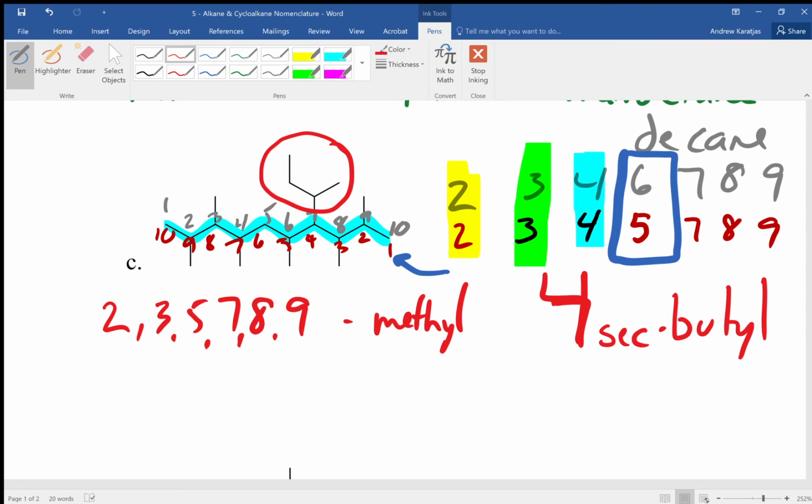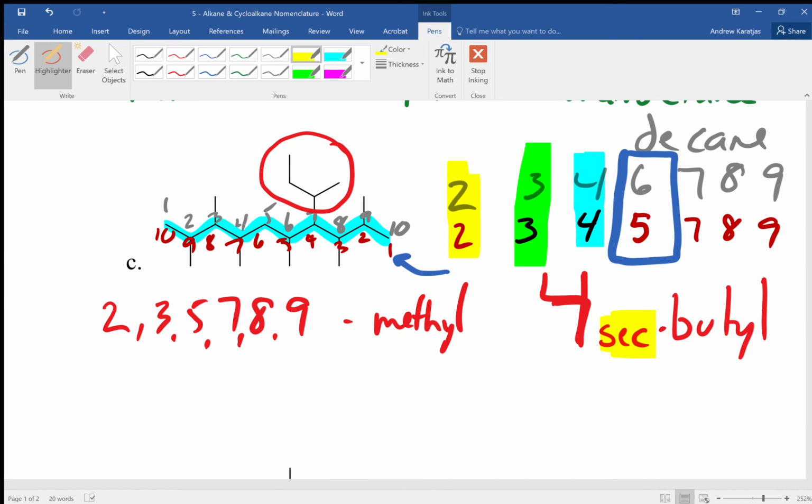What comes first alphabetically? Is it methyl or is it sec-butyl? So sec or secondary is a numerical term. So it gets ignored for alphabetizing.